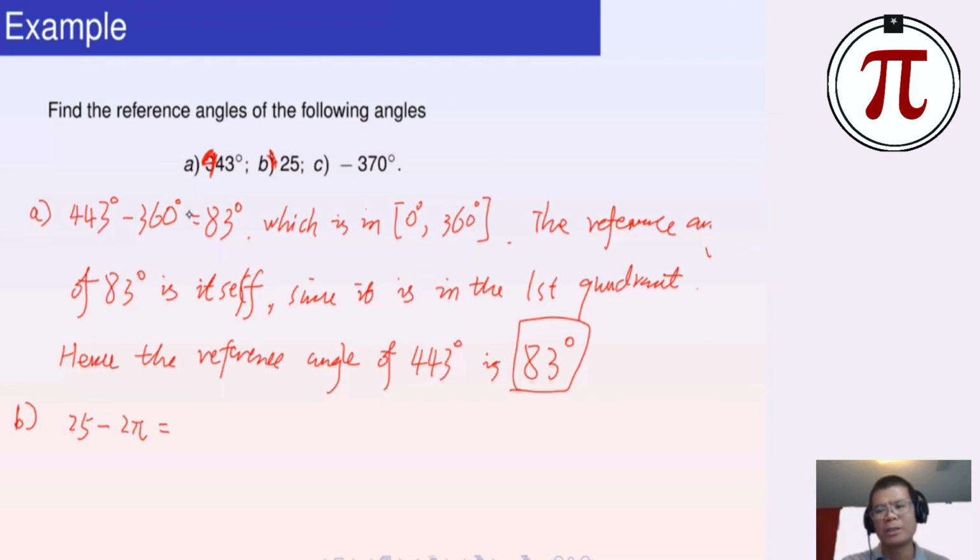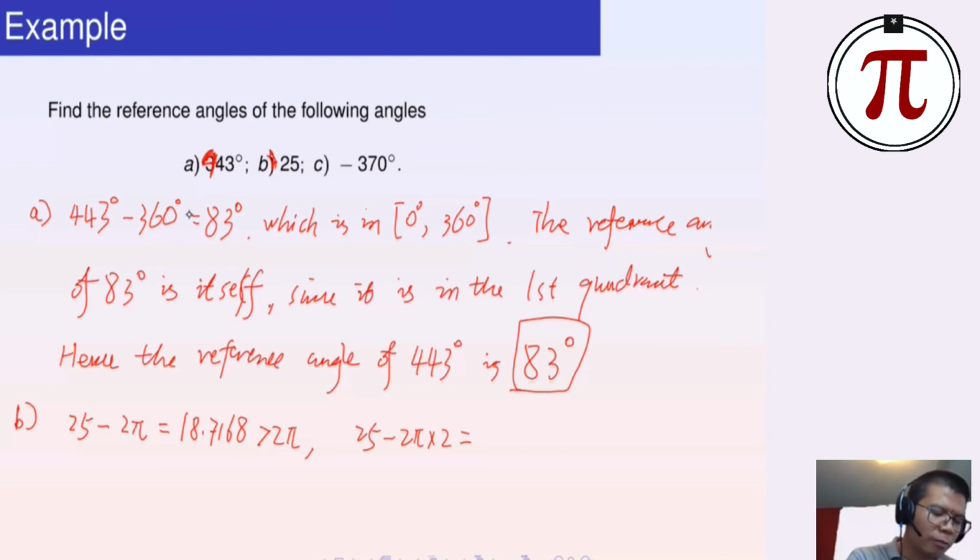It's apparently greater than 2 pi. Minus 2 times pi gives 18.7168, which is again greater than 2 pi. So we need to subtract another 2 pi, 25 minus 2 pi times 2, and you got 12 something.